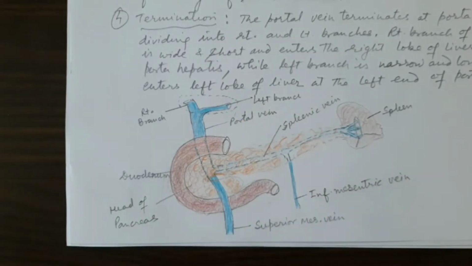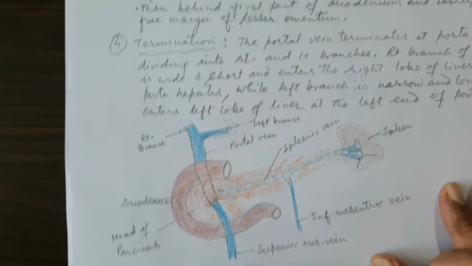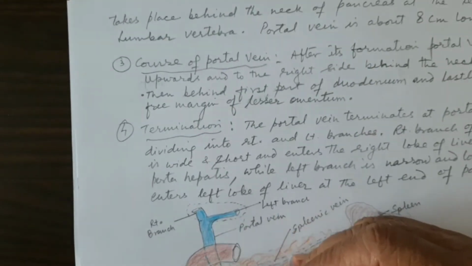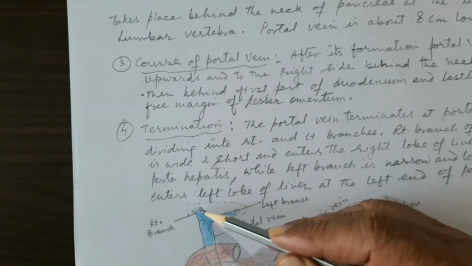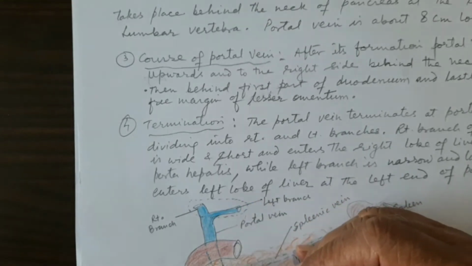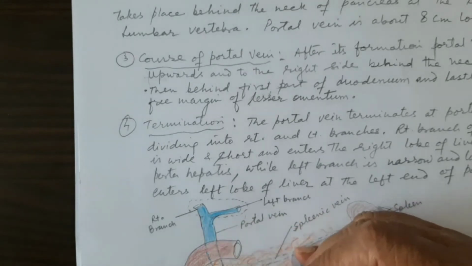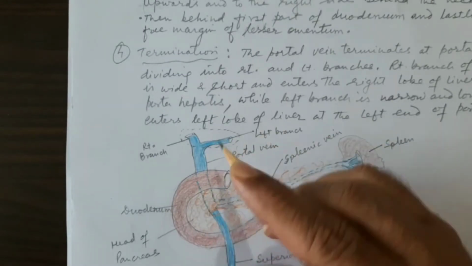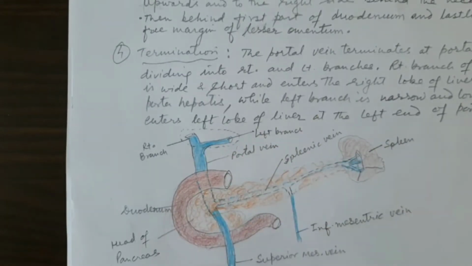This is the formation of the portal vein, which is about 8 centimeter long, right up to the porta hepatis of the liver. From the neck of the pancreas, it runs upwards and more towards the right side, and this is the portal vein, about 8 centimeter long.